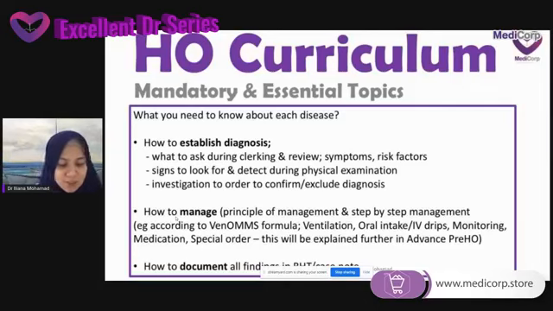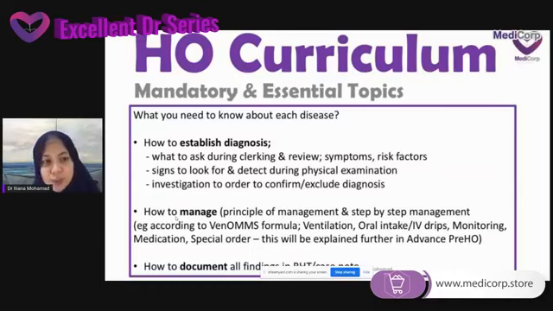Okay, so plan of management, we learn to understand and we formulate ourselves. You cannot simply copy management from certain notes or something else. Okay, and you cannot simply copy one patient to another patient.